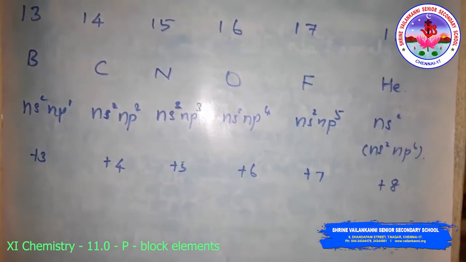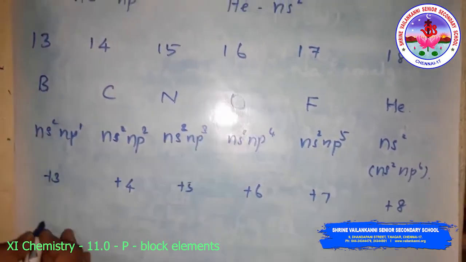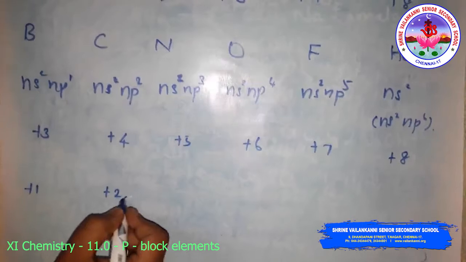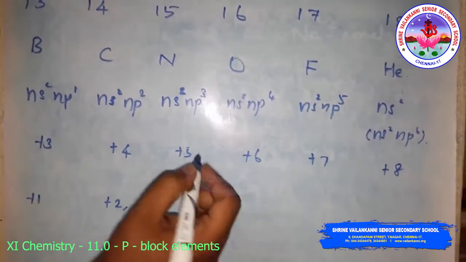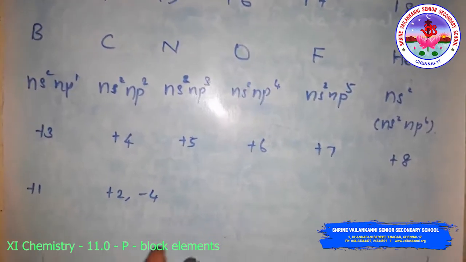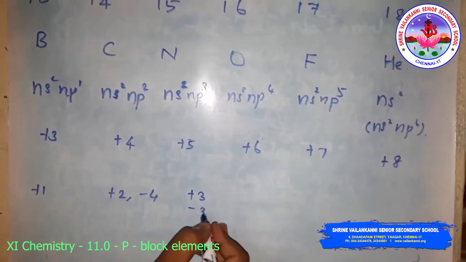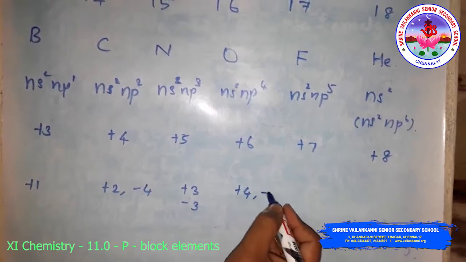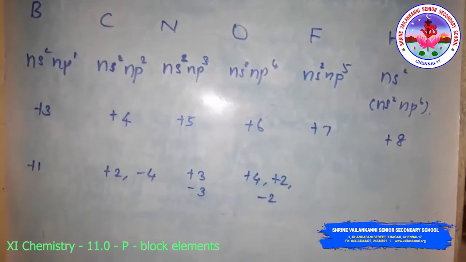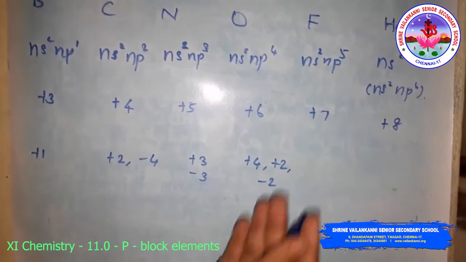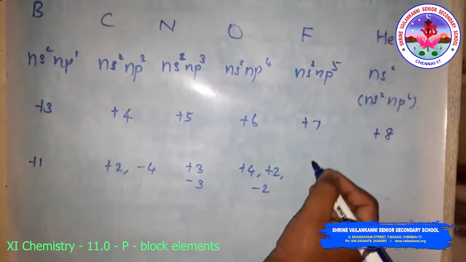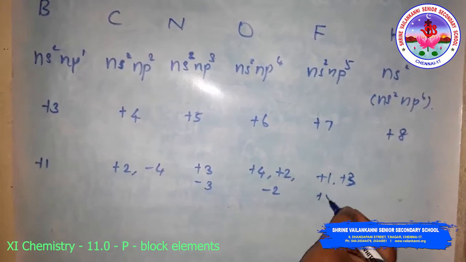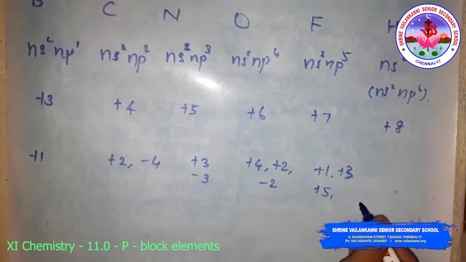The other possible oxidation states: for boron it is +1; for carbon +2 and -4; nitrogen is +3 and -3; oxygen is +4, +2, -2; halogens have +1, +3, +5, +7 and -1.